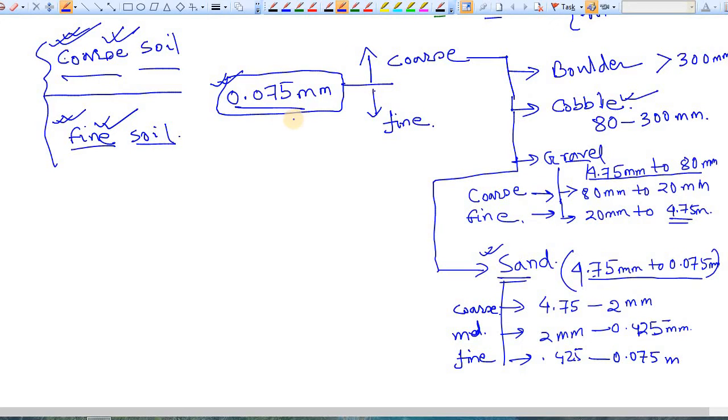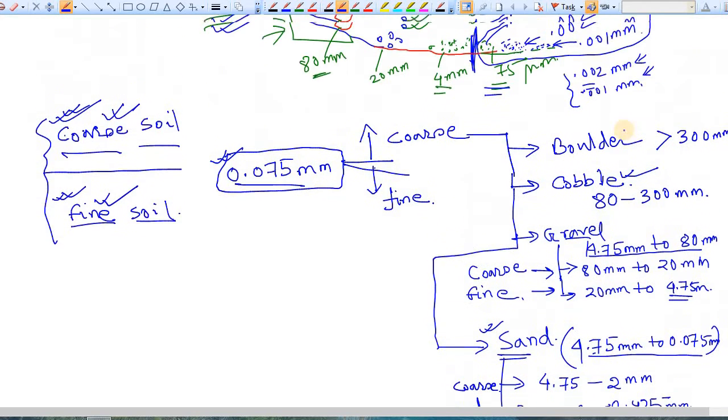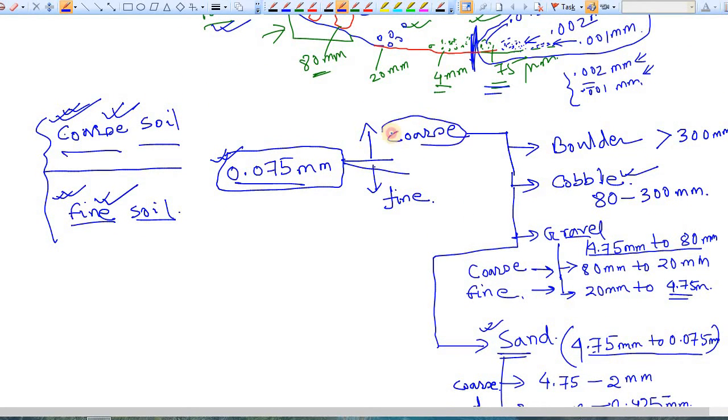So we have classified all the soils under the coarse category. Under the coarse category we have four major types of soil.